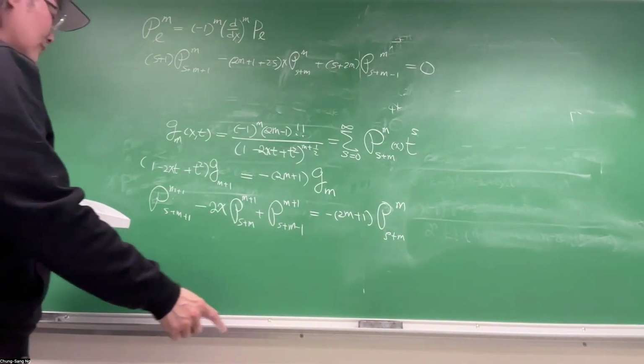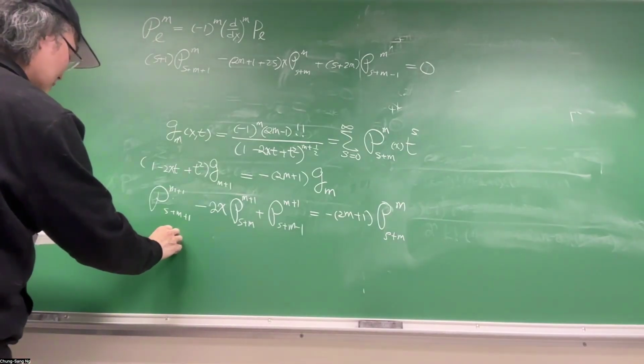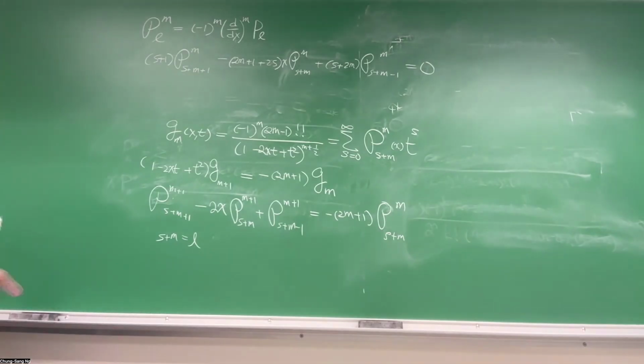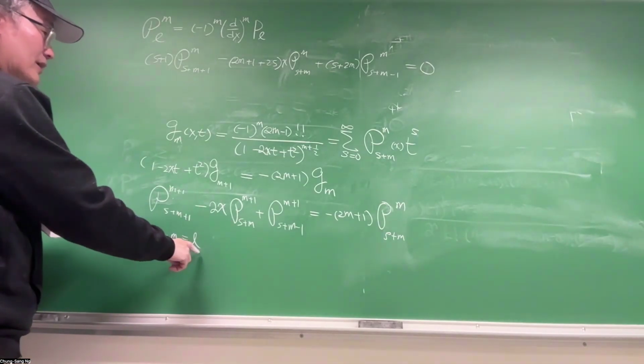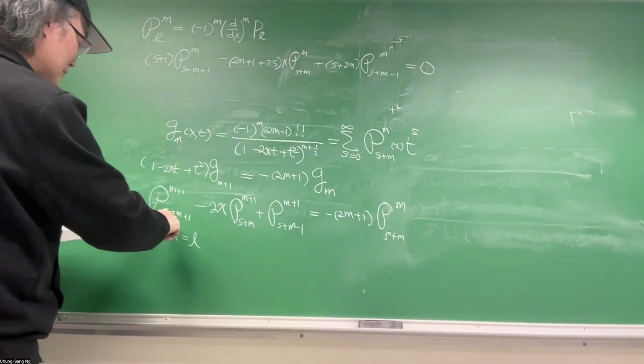But if you like, you can now do a change of variable. Every time you see s plus m, you just call it L. The change of variable: basically, s becomes L minus m. But for this one, it's easy.